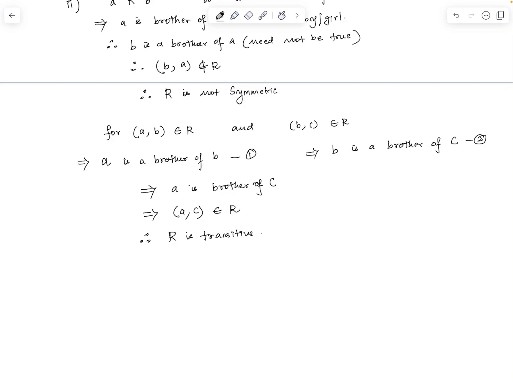Putting the results together for the relation A R B, that is A is a brother of B, R is not symmetric but R is transitive.